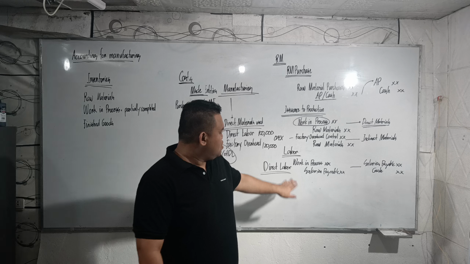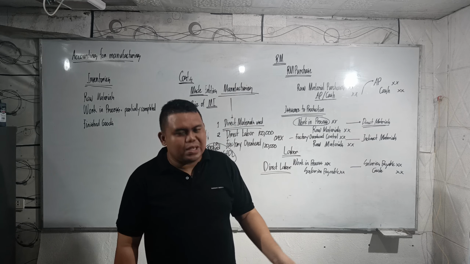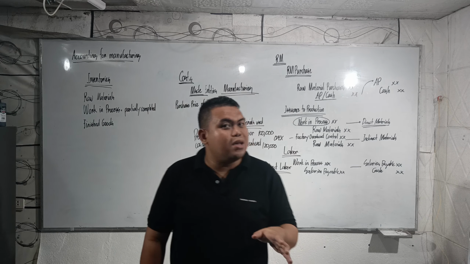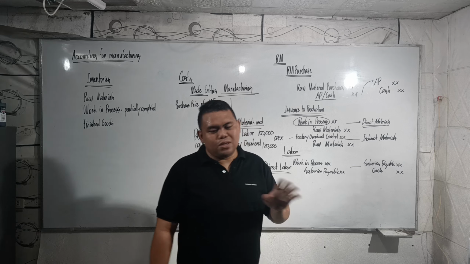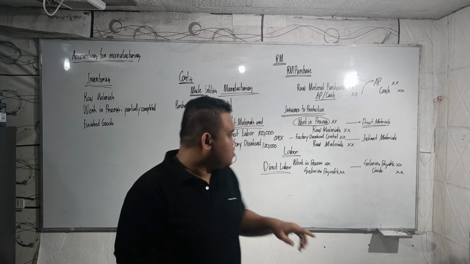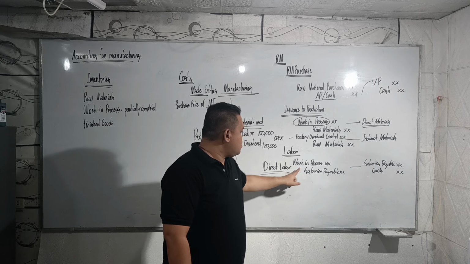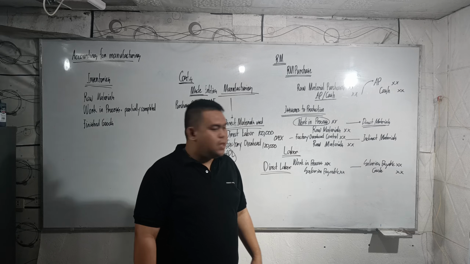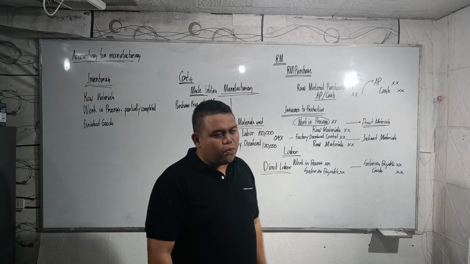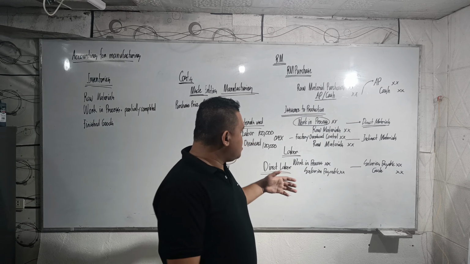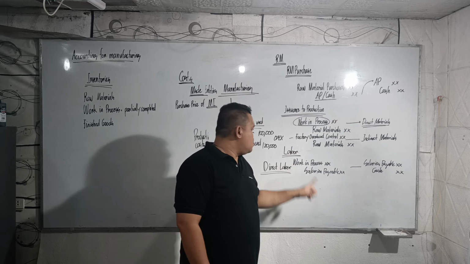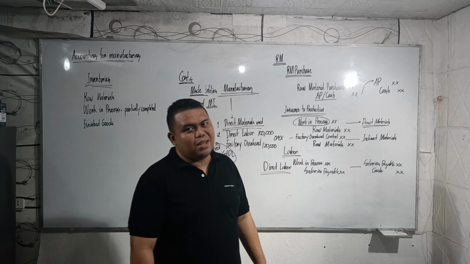Because their services are necessary to bring the inventories in its present location and condition. So that is capitalized in the inventory, the direct labor. So if you have a factory worker, everything that you are paying to that factory worker will go to work in process, actually.